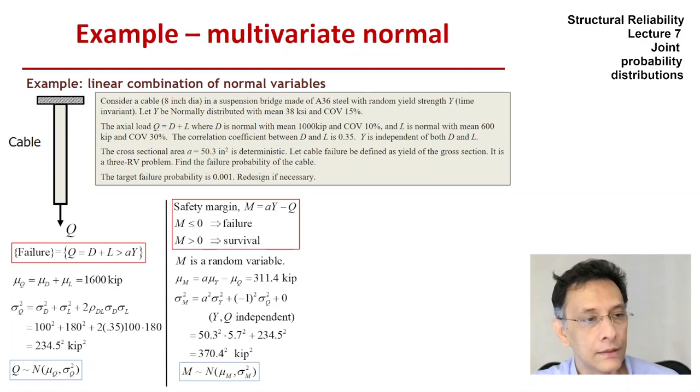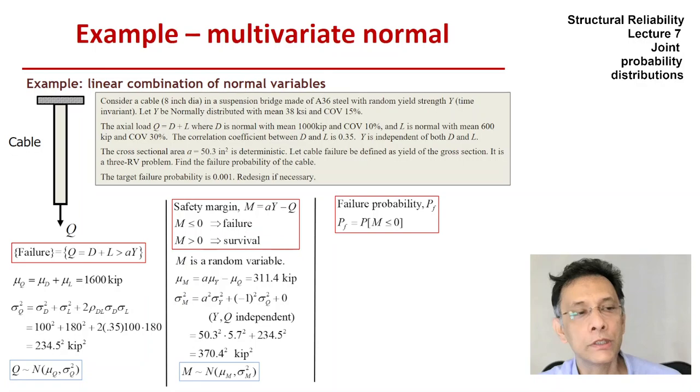And just as Q was a normal random variable, M also is normal because it's the linear combination of two normals, Y and Q. So we have M as normal with mean mu M and variance sigma squared M. Now we are in a position to find the failure probability, simply defined as P of M less than or equal to 0, and we use the normal table to find that.